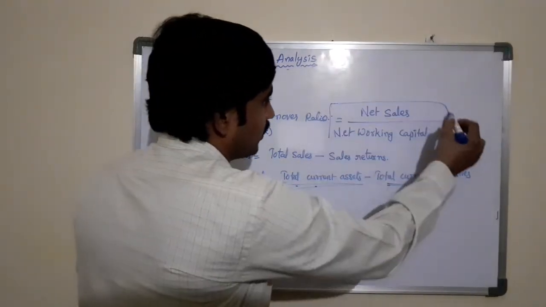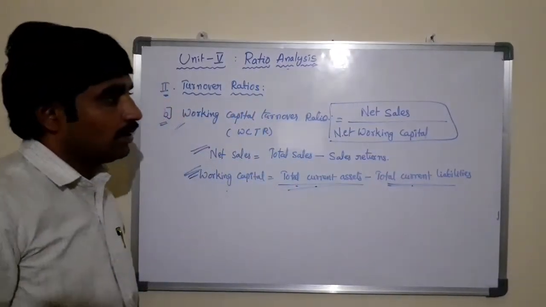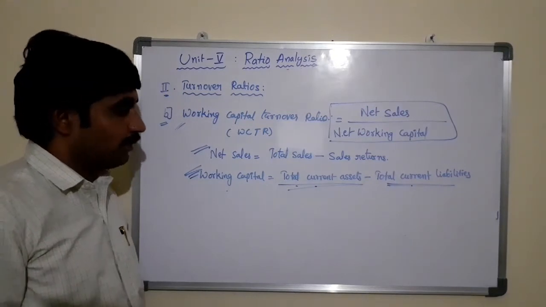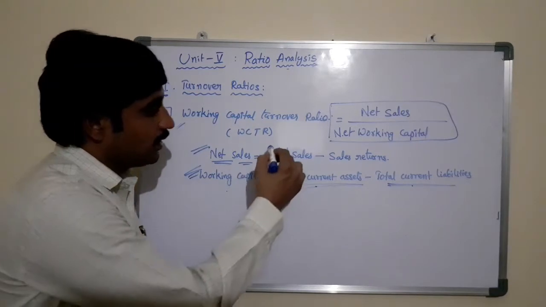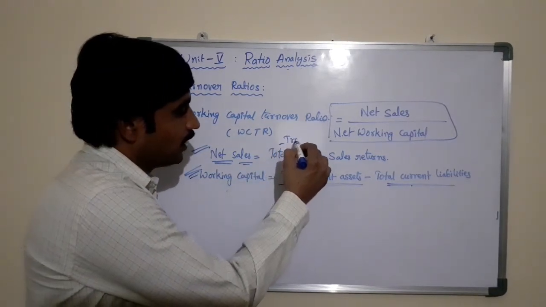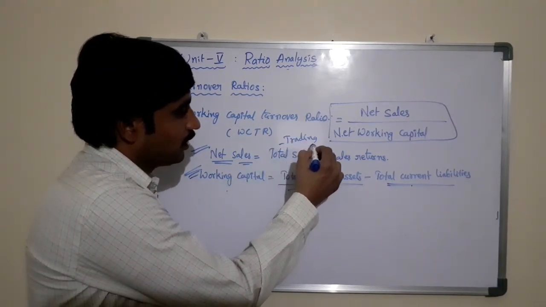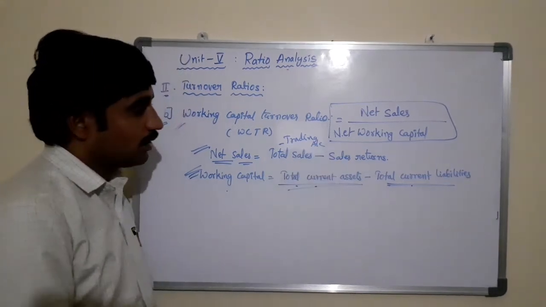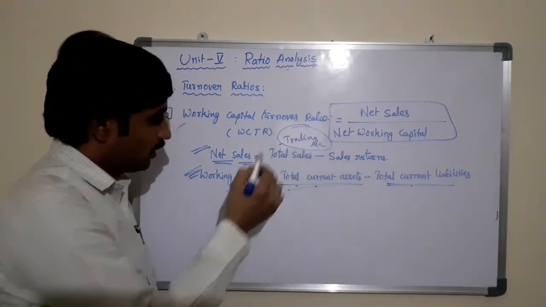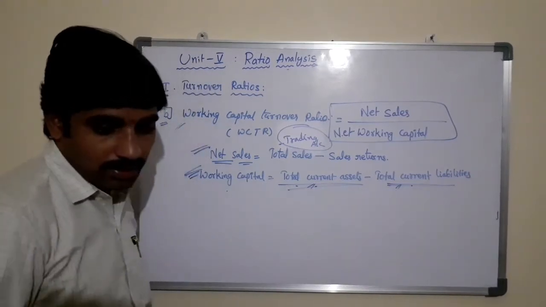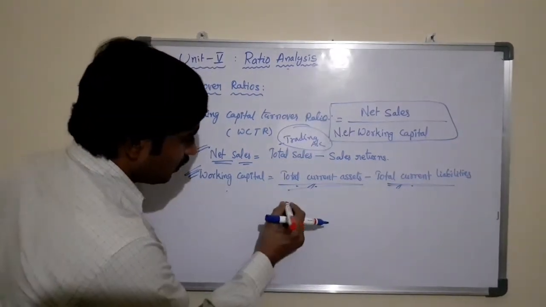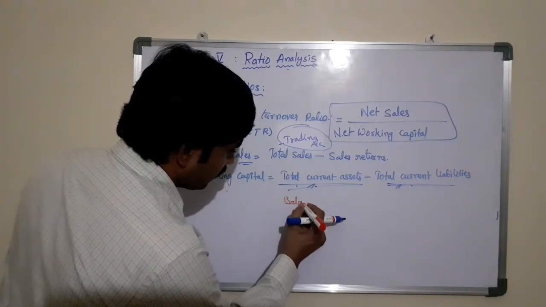We can define this as the ratio between net sales and the net working capital, and for calculating net sales we can find the components from the trading account: sales and sales returns. Whereas the working capital components are current assets and current liabilities, which are balance sheet items.